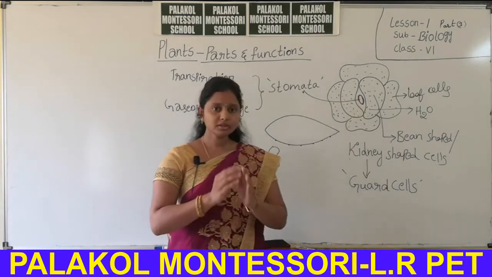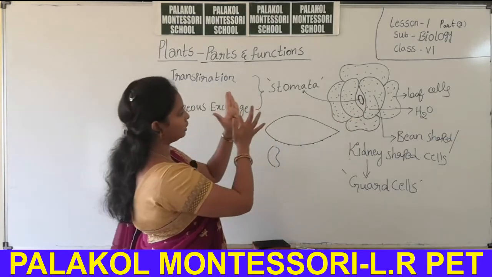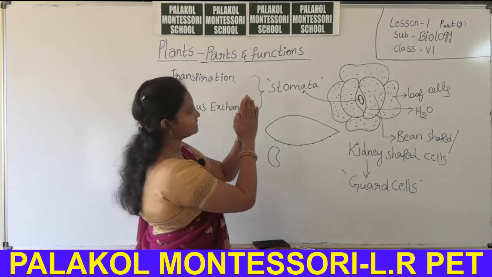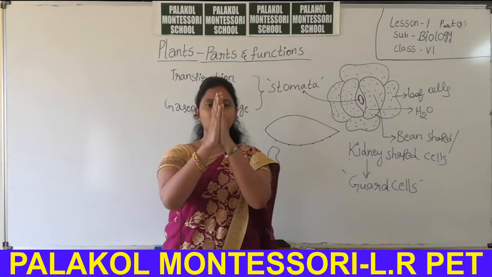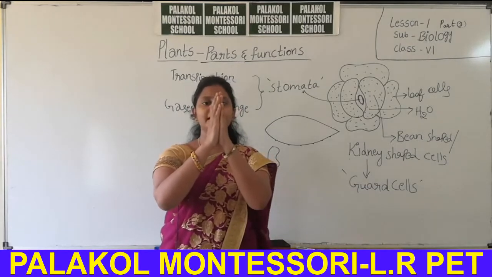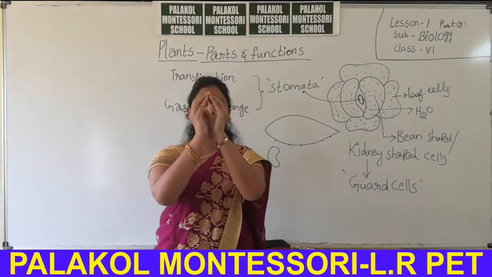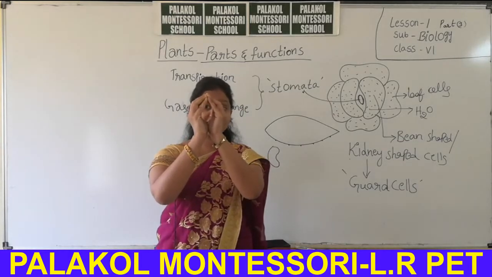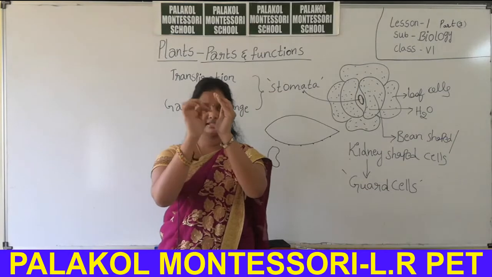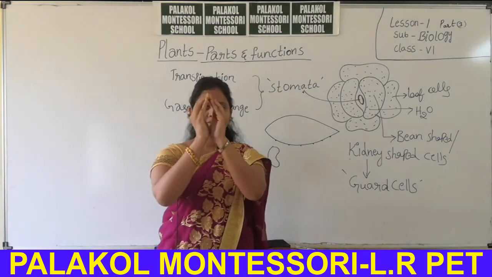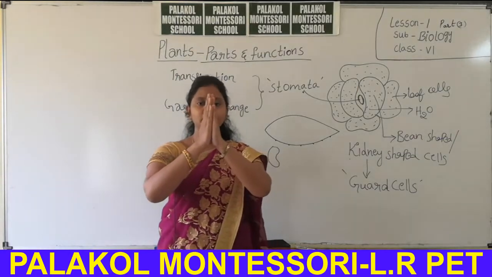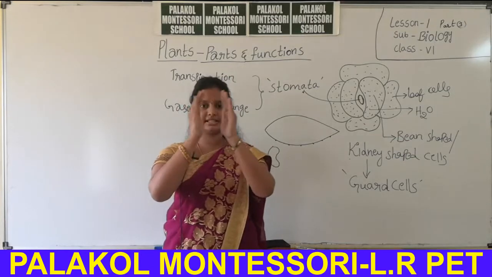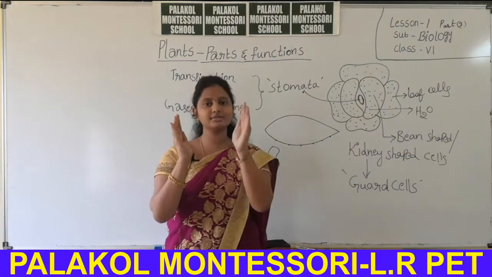Then the stomatal opening present between the guard cells, if the guard cells become swollen, is exposed to the atmosphere directly. This is the stomatal opening due to turgidity of the guard cells. This is one guard cell, this is one guard cell.